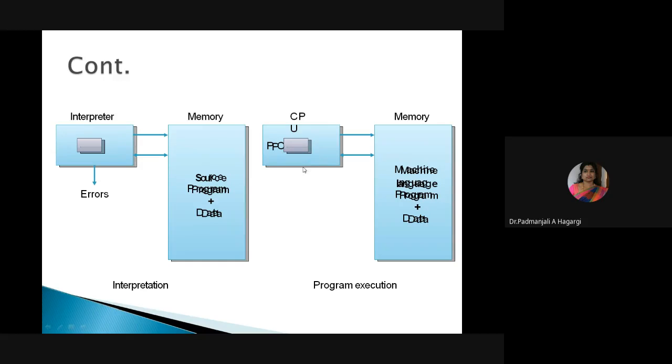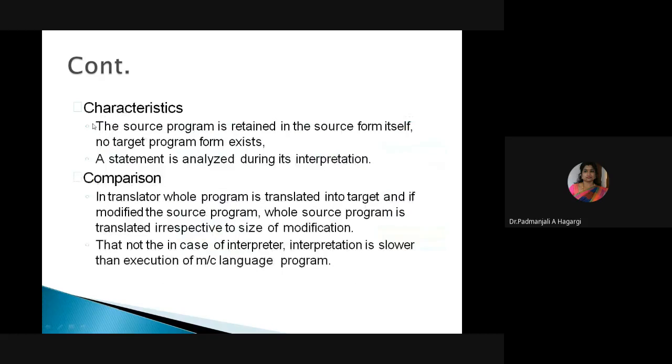The central processing unit reads the machine language plus the data given by the linker, takes all the linker files, that is the executable files, and goes for program execution.